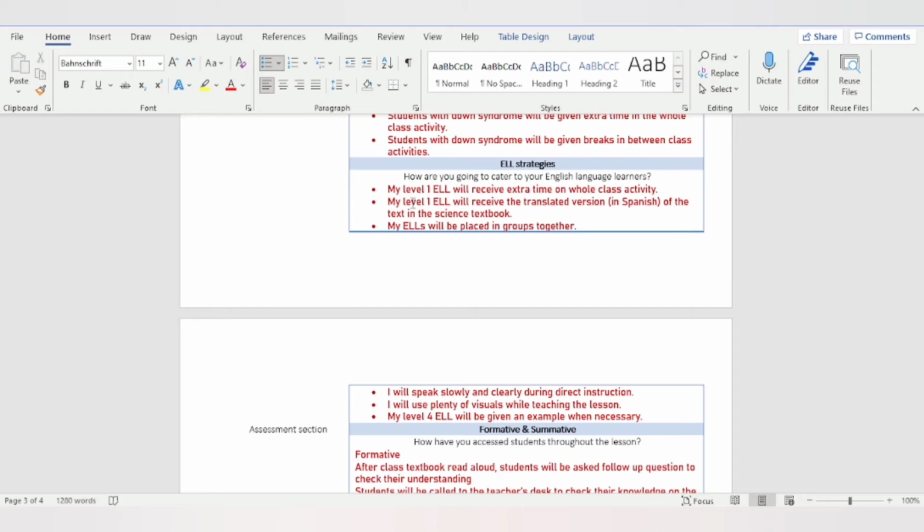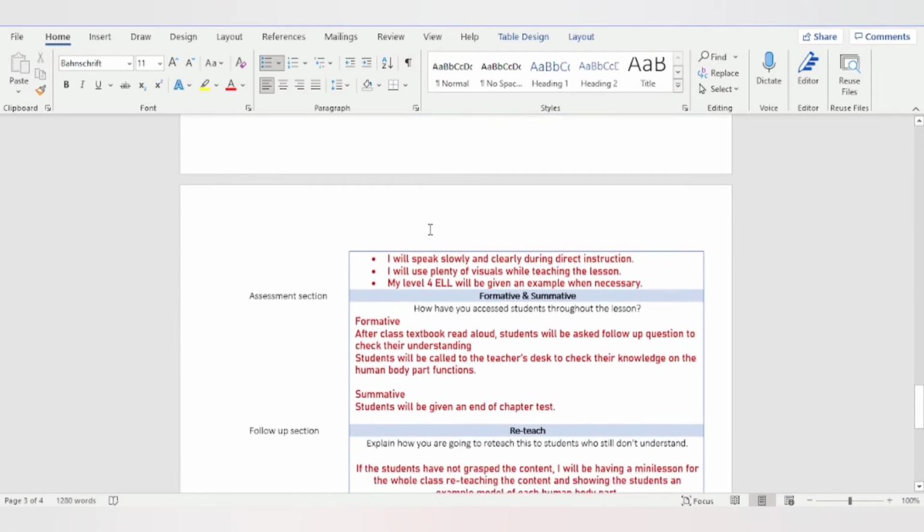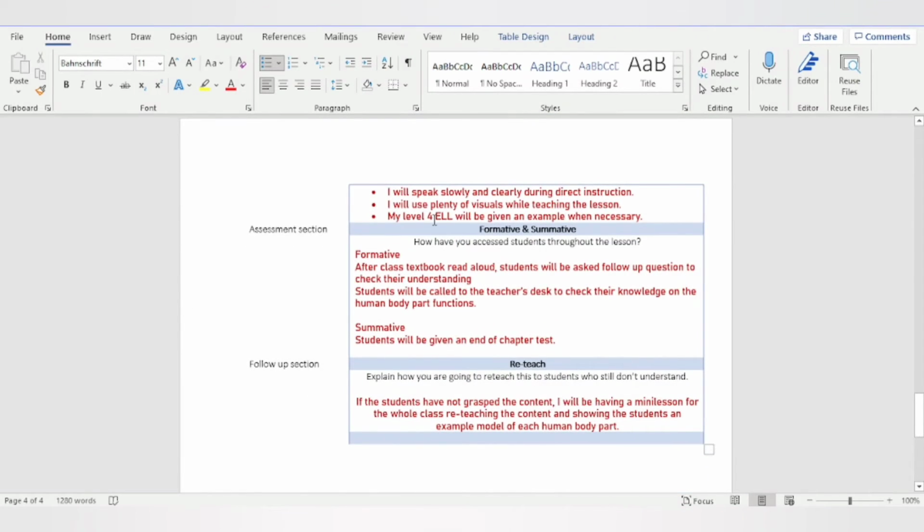I would have them receive a translated version of the text of the science textbook, what we're reading. I will place them in groups together with each other. I will speak slowly and clearly during instruction. I will give them plenty of visuals for the level 1, and for my level 4, I will probably give them examples when necessary.